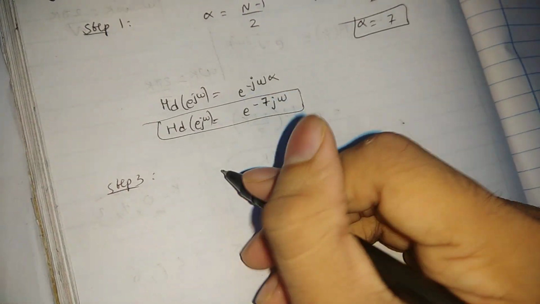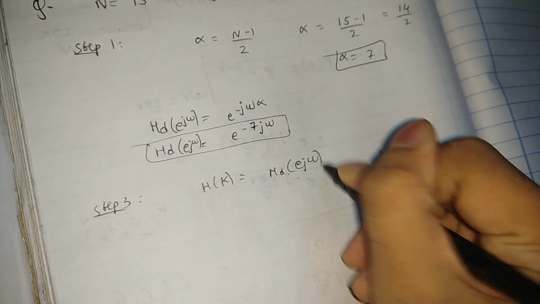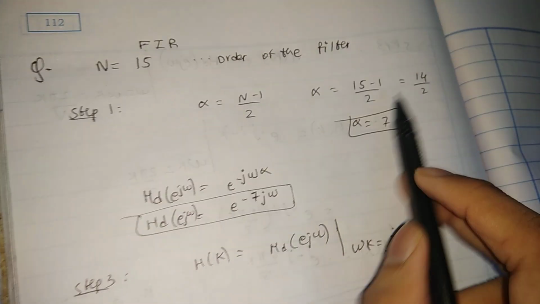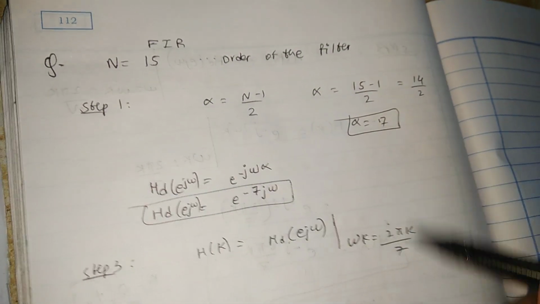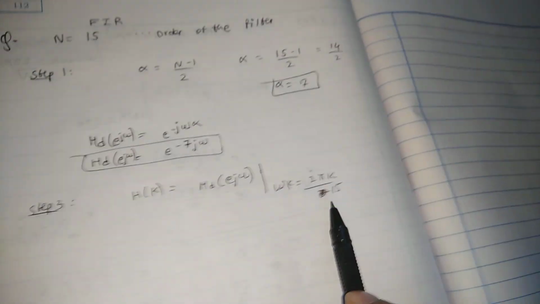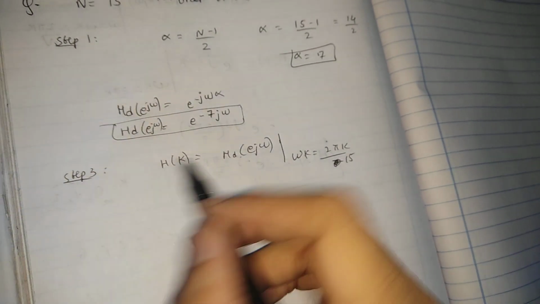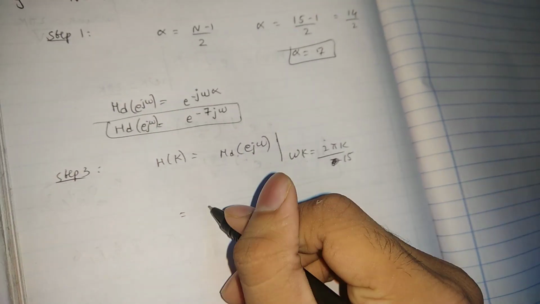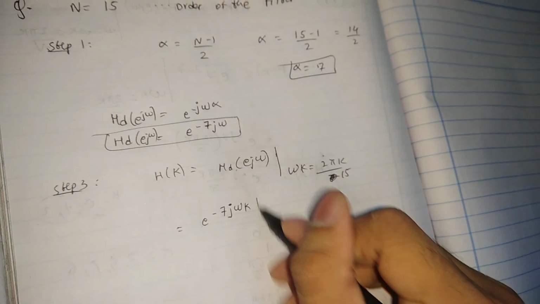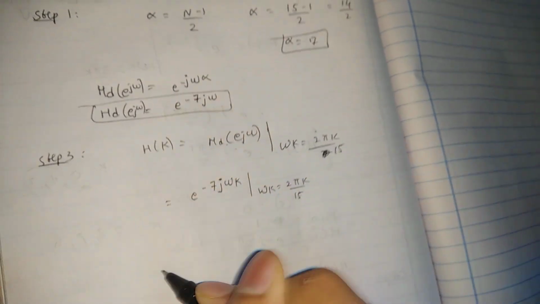In step number 3 we know H of k is equal to Hd of e raised to j omega, where omega k is 2 pi k upon 15. You will write 2 pi k upon 15, because 2 pi k upon N is the formula. After this you will just write e raised to minus 7 j omega k, where omega k is 2 pi k upon 15.